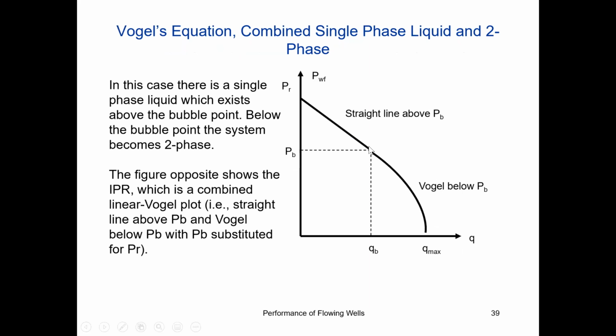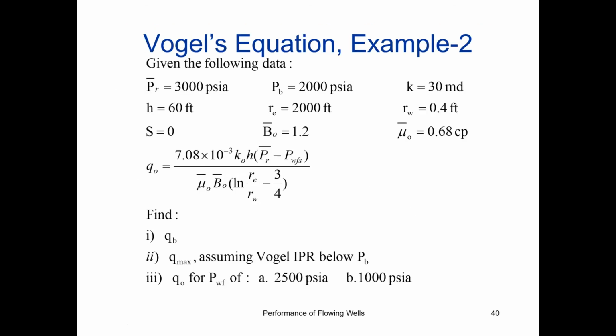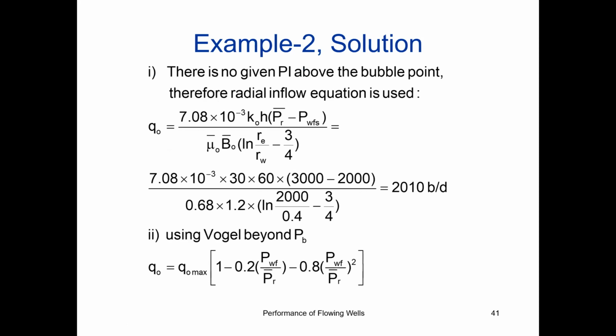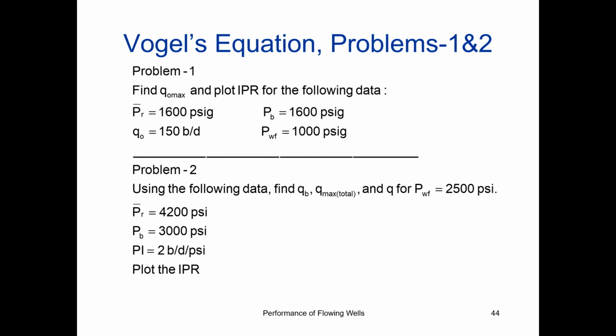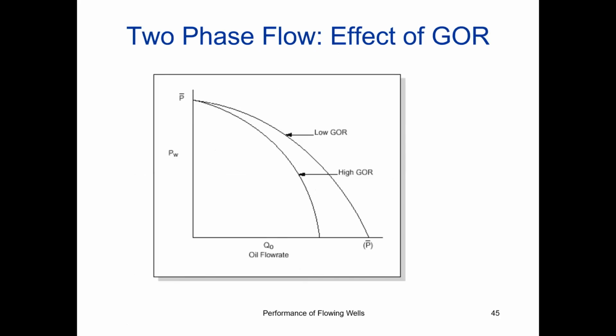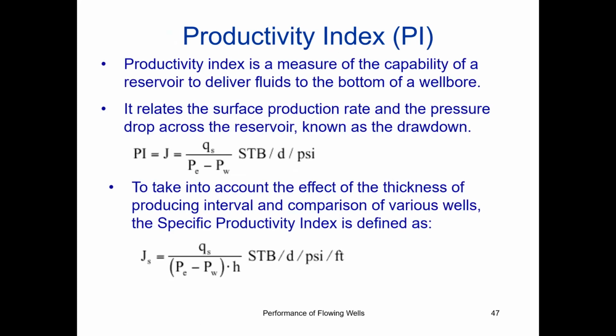If it is above bubble point, here is a straight line, because above bubble point it is single phase. Here, Vogel. And this is another example, another example, another example. And the effect of GOR. And I think that's enough for today.